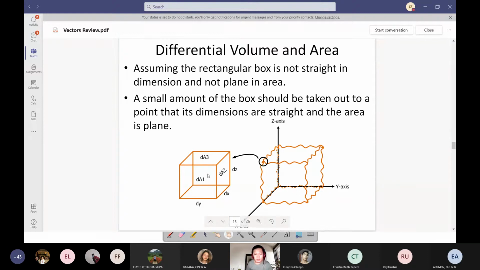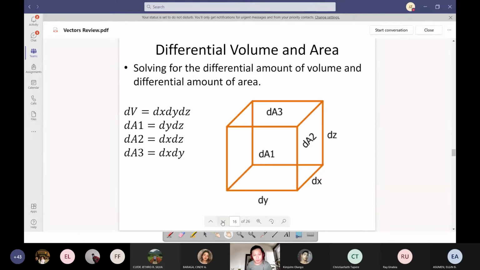Now, of course, since these are the dimensions, if we determine the volume, since this is a very small part, it has a differential volume. If we follow length times width times height, we can now use dx, dy, and dz. So that is basically just dx dy dz.